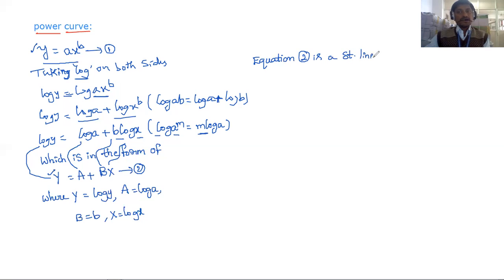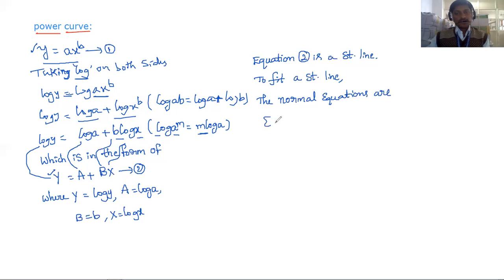So to fit a straight line, we require normal equations. So we are going to write the normal equations for a straight line. So what are the normal equations?